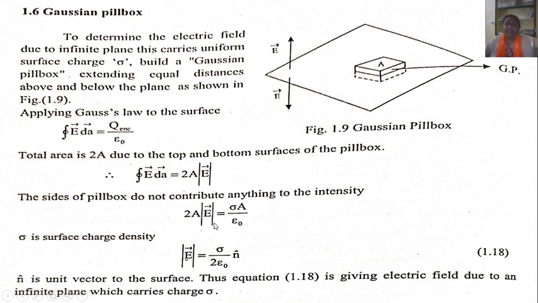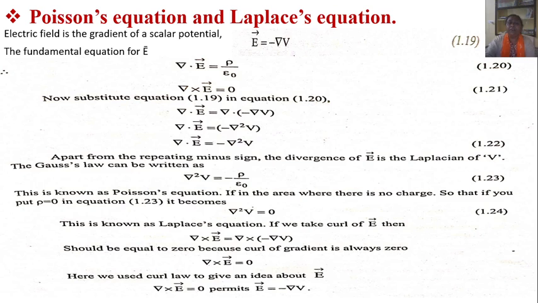So 2A E equals sigma A upon epsilon 0, where sigma is the surface charge density. Therefore E equals sigma upon 2 epsilon 0 into n cap, where n cap is a unit vector normal to the surface, and this equation gives the electric field due to an infinite plane which carries charge sigma.